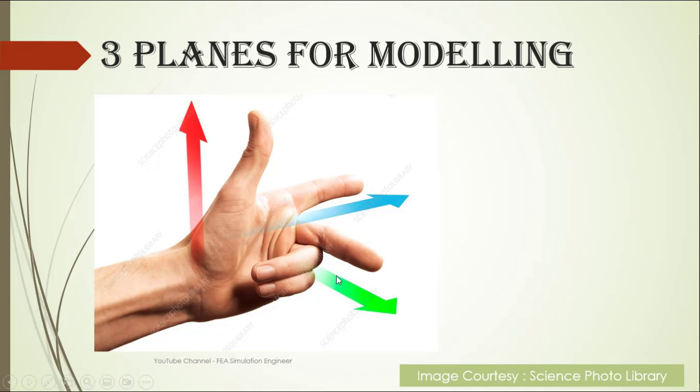By using these three arrows we can make three planes. Blue and red make a front plane, blue and green make a top plane, and red and green make a right side plane or left side plane. Okay, so let me show it to you in the software.